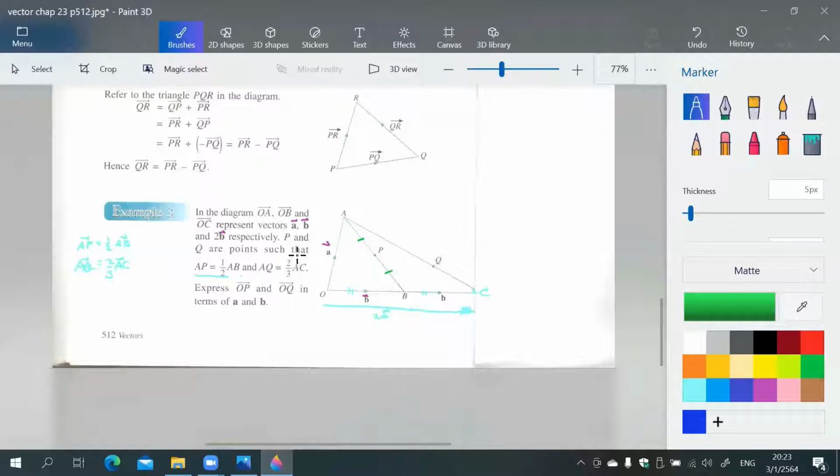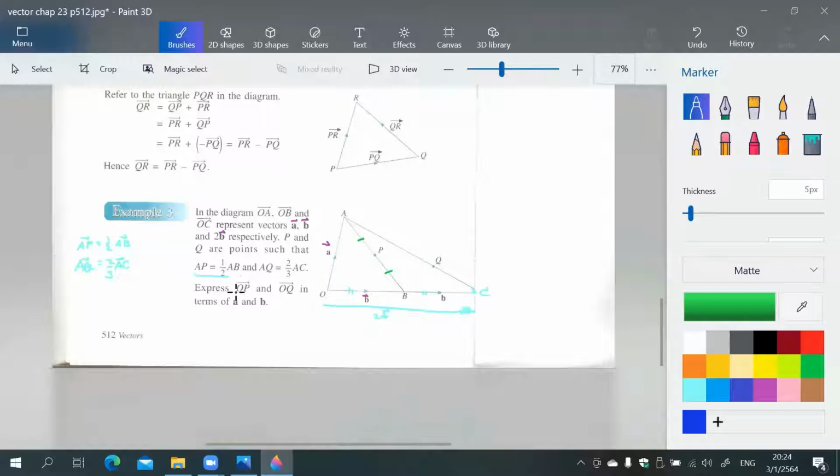Vector AQ equals 2 over 3 of AC, so we can say vector QC equals 1 over 3 AC also. Now we get all the data.